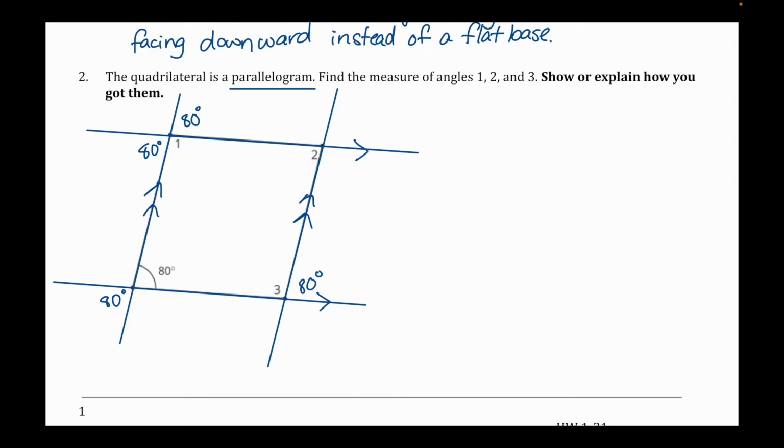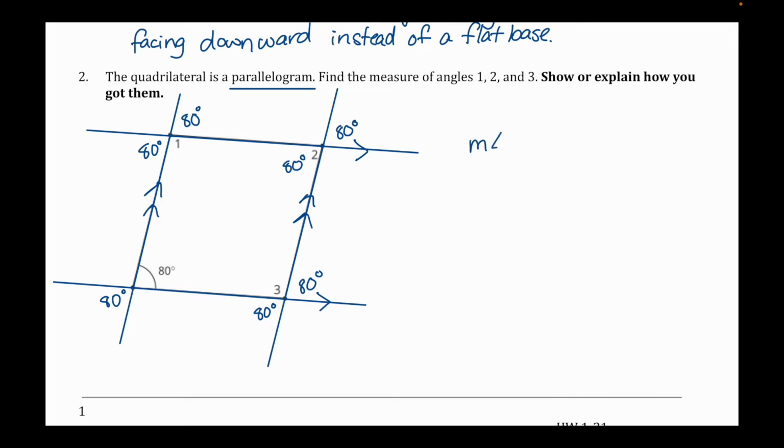It's also going to correspond, or one of its corresponding angles would be vertical with or correspond with angle 2. So all of my angles here are now labeled 80 degrees, but that did only apply to one of my angles.